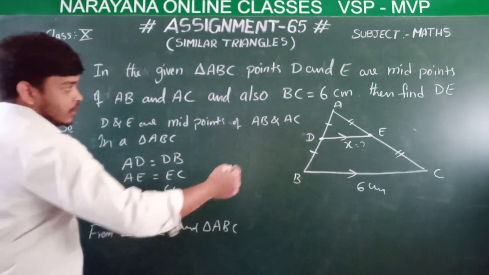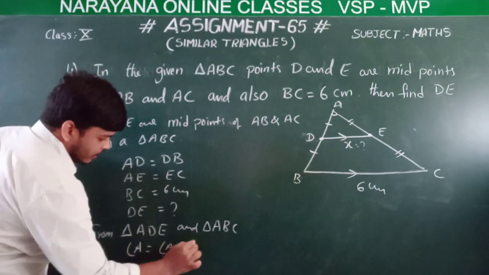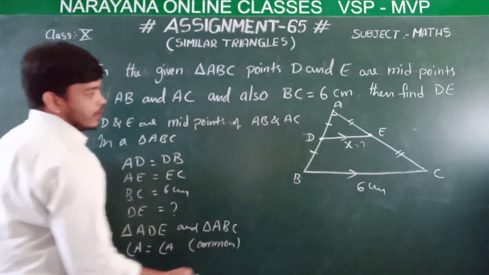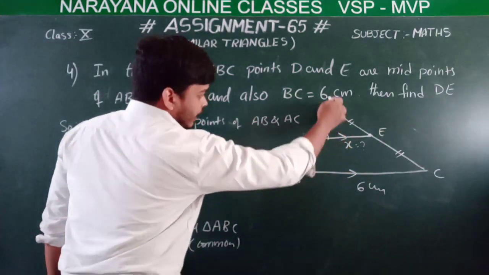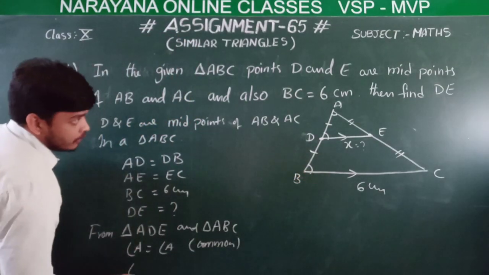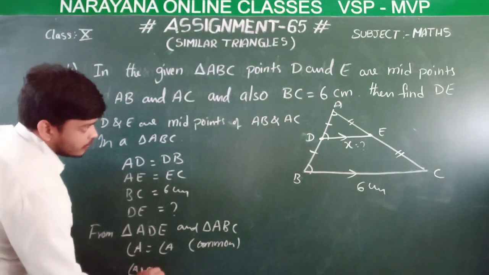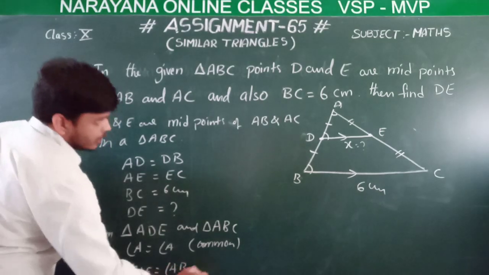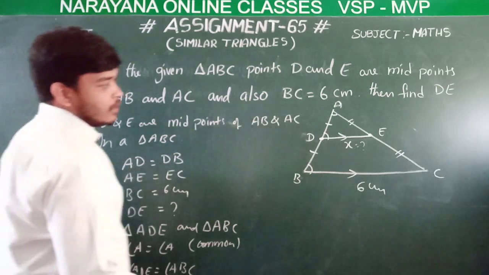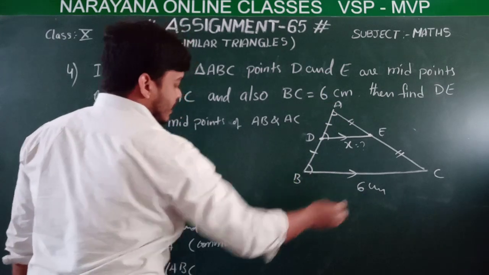Here A is common, angle A is equal to angle A. And here these two are parallel, AB is the transversal. Then these two angles are equal. Angle ADE is equal to angle ABC, right? So therefore by AA similarity, triangle ADE is similar to triangle ABC.